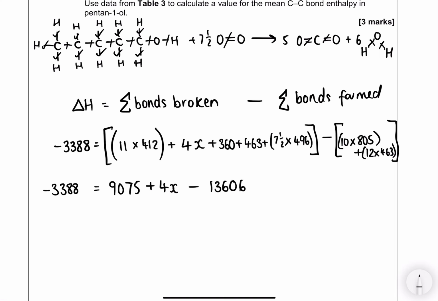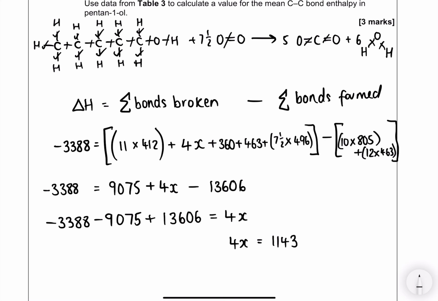13,606. So minus 3388 minus 9075, because it's going to the other side, changing sign, plus 13,606 equals 4x. So 4x equals minus 3388 minus 9075 plus 13606. 4x is 1143.